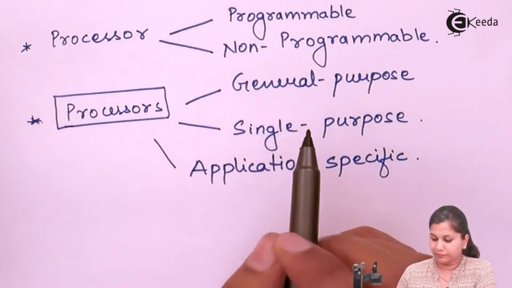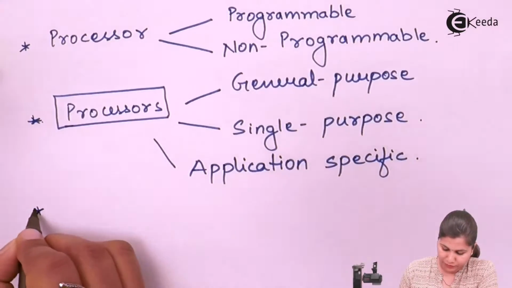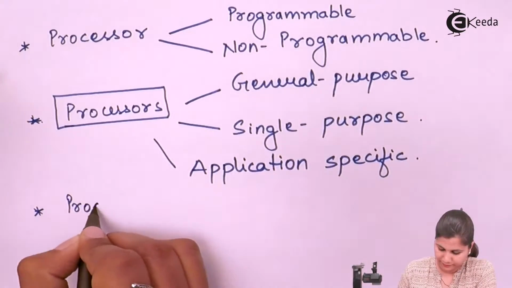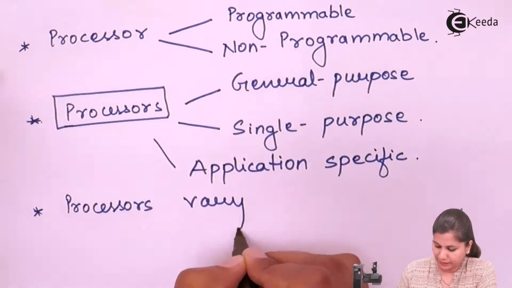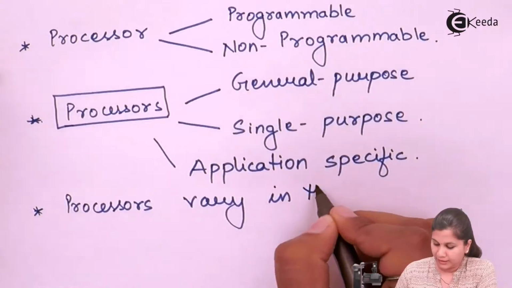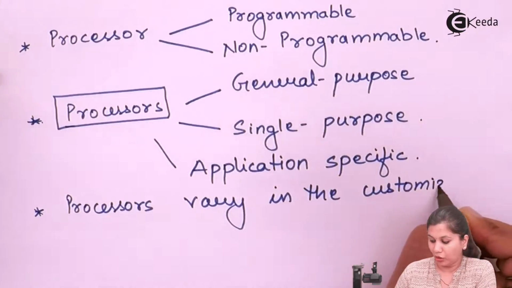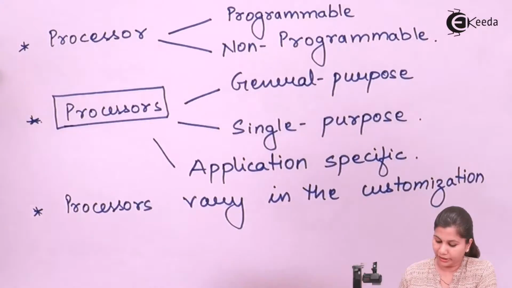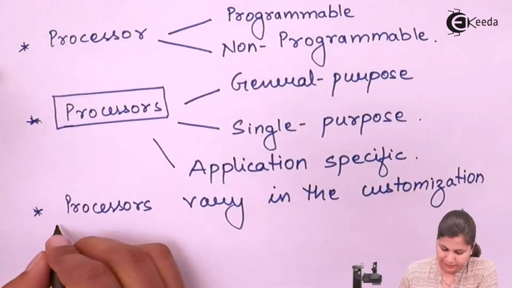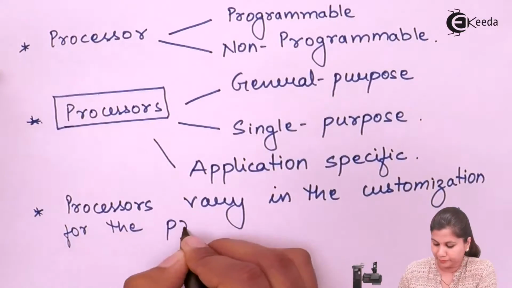By the classification of these processors, we can say that the processors vary in their customization. Customization means that in their design, what are the components included in them, how they are going to work. So they vary in their customization for the problem at hand.